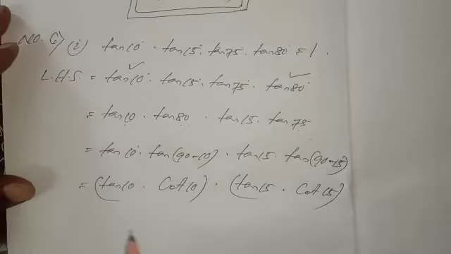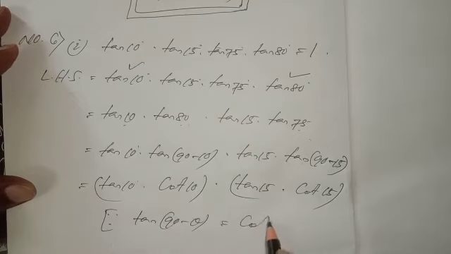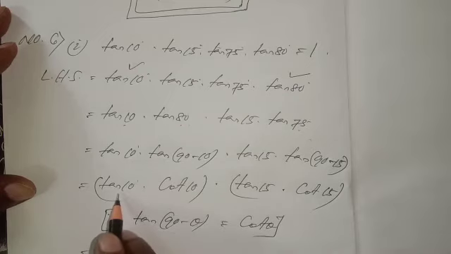Okay, let me write the formula that I have written here. Tan 90 minus theta will give you cot theta. Applying this formula. Now tan theta into cot theta is how much? 1.